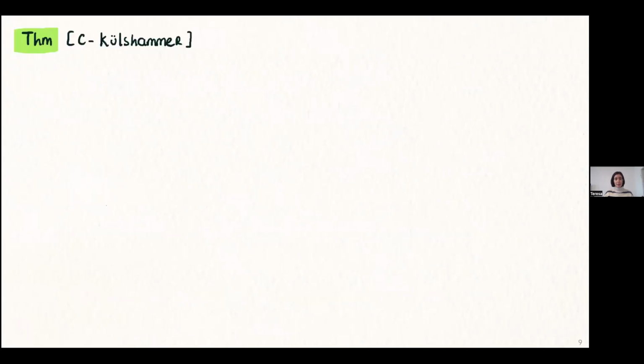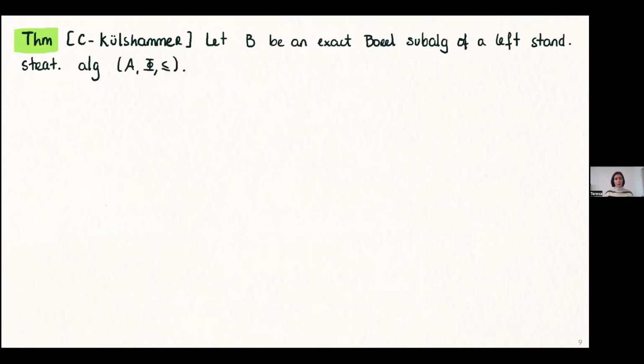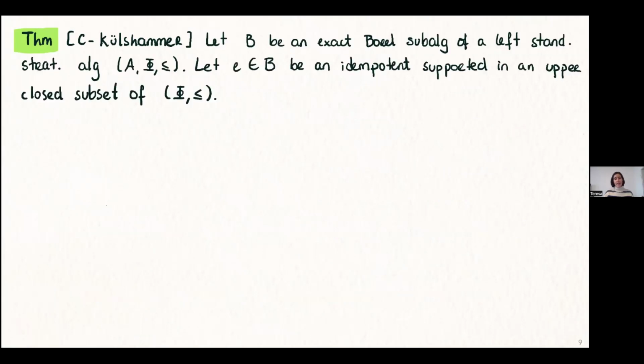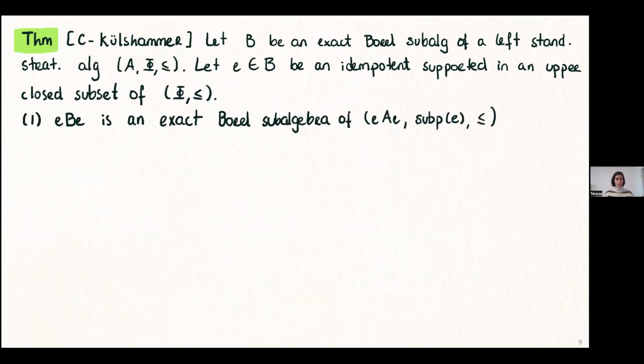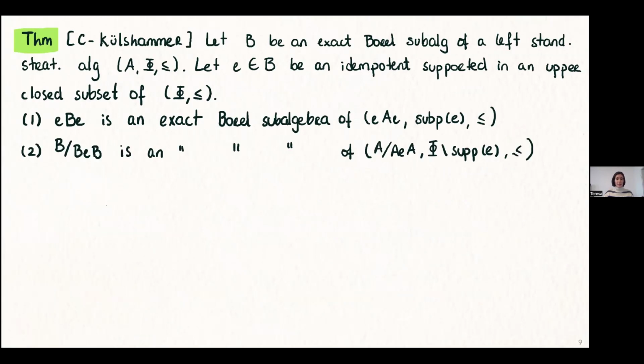Now about the compatibility with the exact Borel subalgebras, there's the following theorem together with Julian Külshammer. Let B be an exact Borel subalgebra of a left standardly stratified algebra A, and let E be an idempotent supported in an upper closed subset of Phi. Then it turns out that the idempotent subalgebra EBE is still an exact Borel subalgebra of the corresponding idempotent subalgebra of A, and something similar holds for the idempotent quotients.